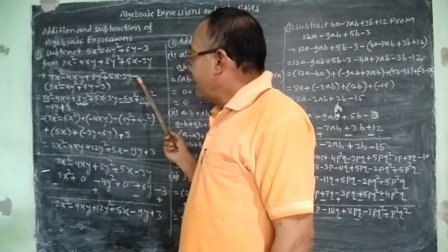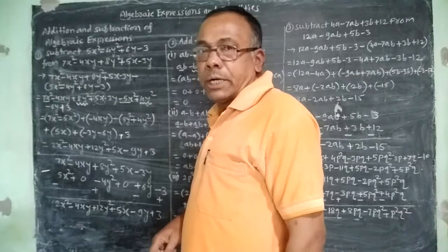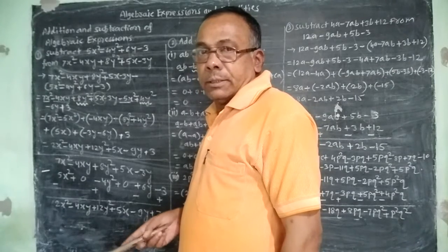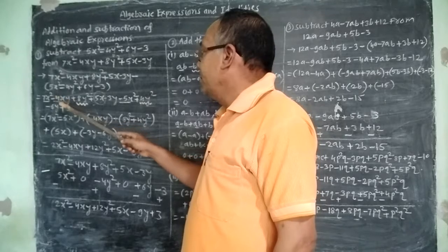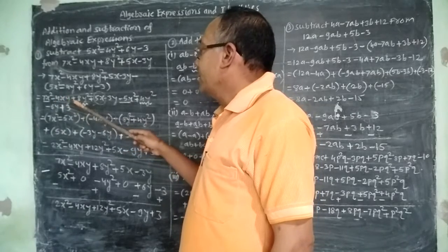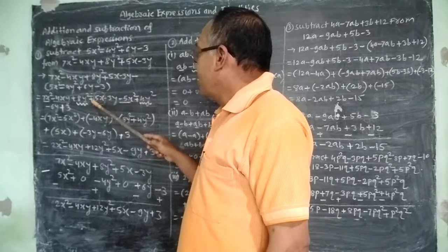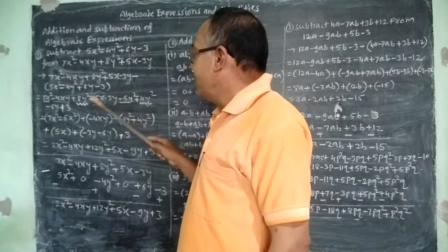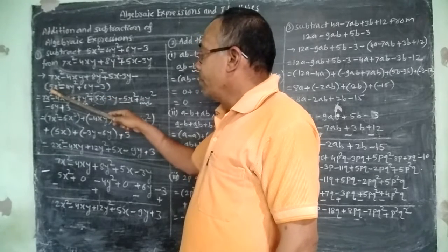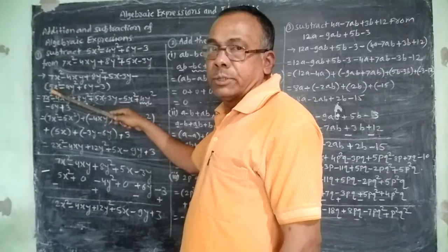So while coming the terms outside the bracket, their sign will get changed, and therefore here 7x square minus 4xy plus 8y square plus 5x minus 3y as it is. And now I will change the signs of the terms in the bracket.